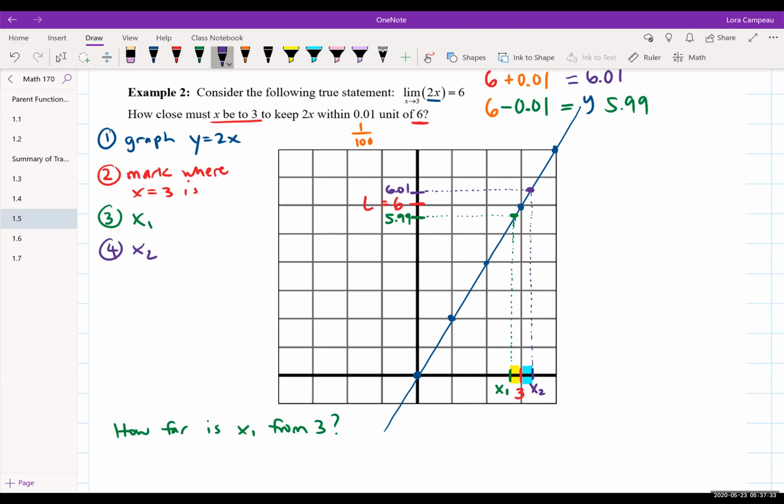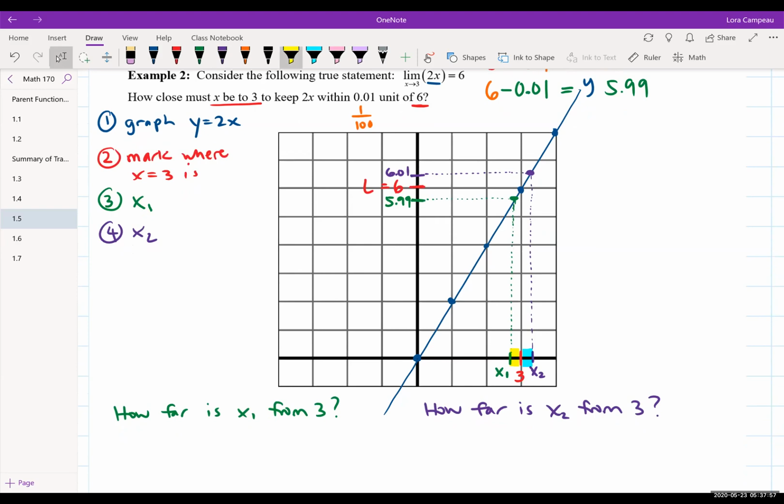So we're interested in both of these distances. And I'll color code this for you. How far is x2 from 3? Keep in mind what I'm looking at as far as distances: I highlighted them on the x-axis, so the distance between x1 and 3, and also the distance between x2 and 3.